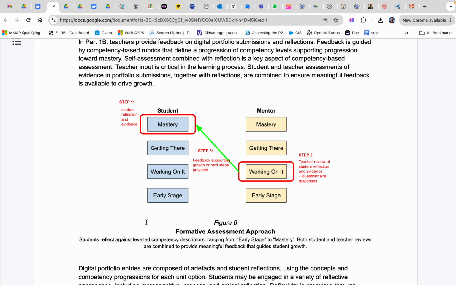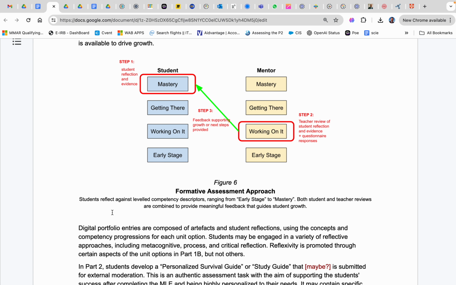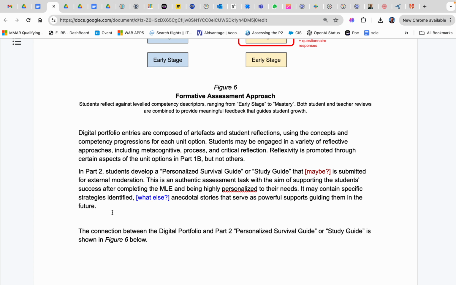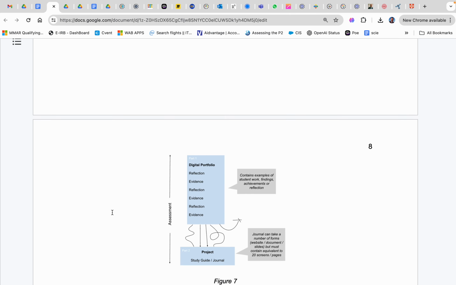A teacher would review their evidence and reflection, and even through a meeting, reflect on the same rubric. Then together, the student's and the teacher's or mentor's assessments would be put together to build some meaningful feedback steps in terms of supporting growth. So this is the formative assessment approach.